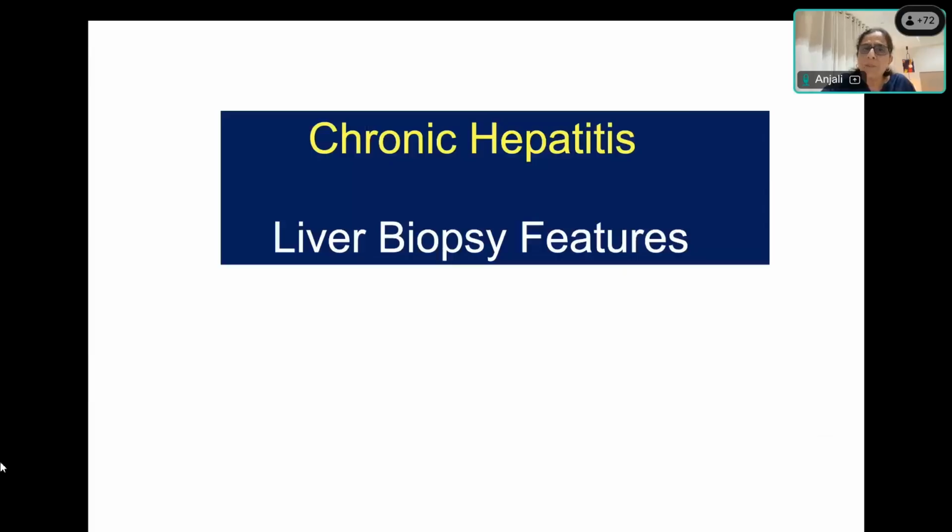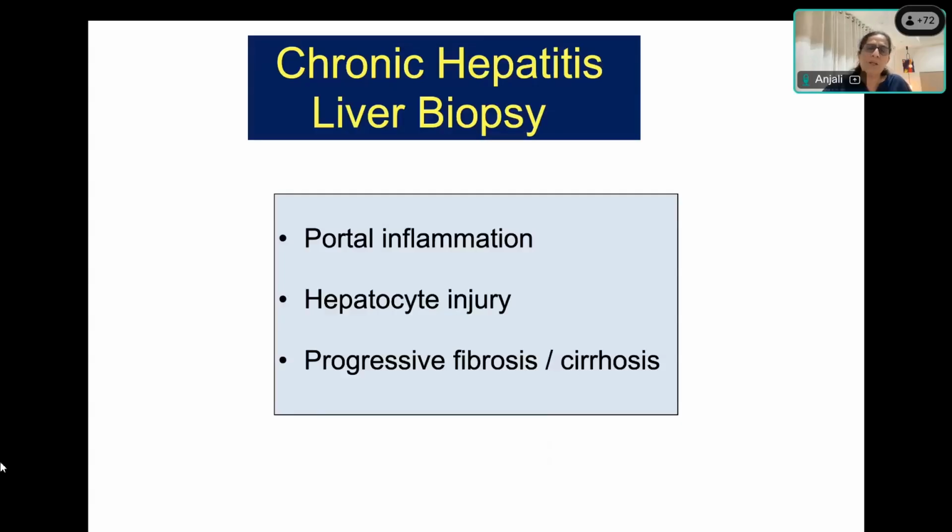So now coming to liver biopsy features in chronic hepatitis. So these are mainly 3 cardinal features of chronic hepatitis, which you see in liver biopsy. And these 3 features are seen in almost all etiologies, whatever you have enlisted just now. So number 1 is portal inflammation. Number 2, hepatocyte injury. And this hepatocyte injury usually starts in periportal areas, and number 3, progressive fibrosis and cirrhosis.